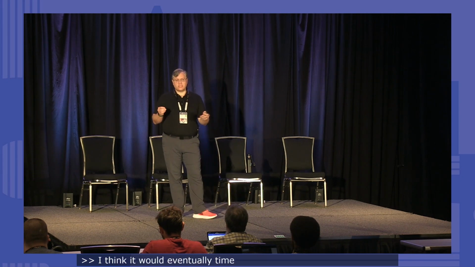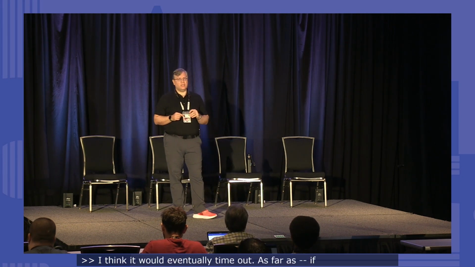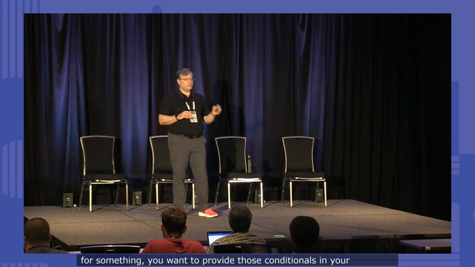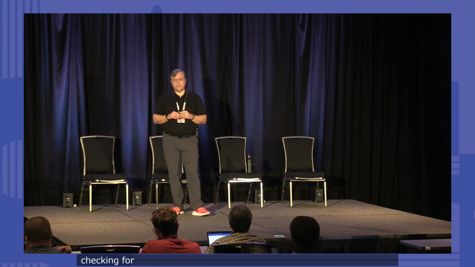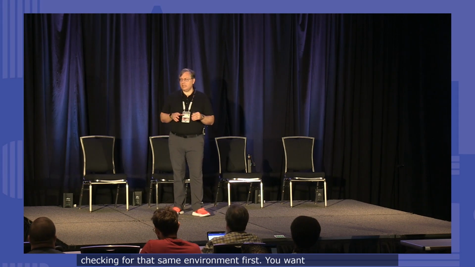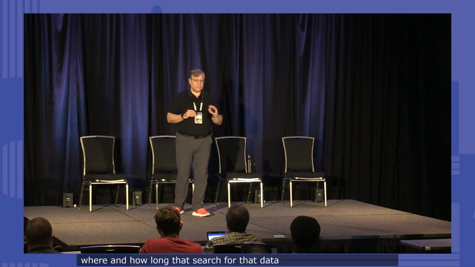But if you're asking for something, you want to provide those conditionals in your script that check for a sane environment first. If you're doing something that adds a loop, you want to know exactly where and how long that search for that data should take, and if it takes longer than that, exit out of that script.